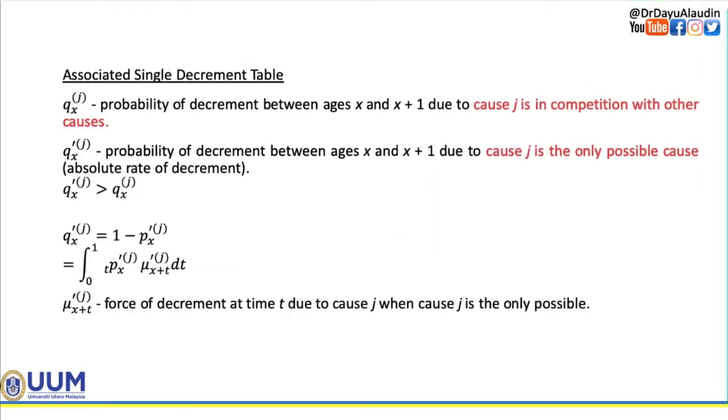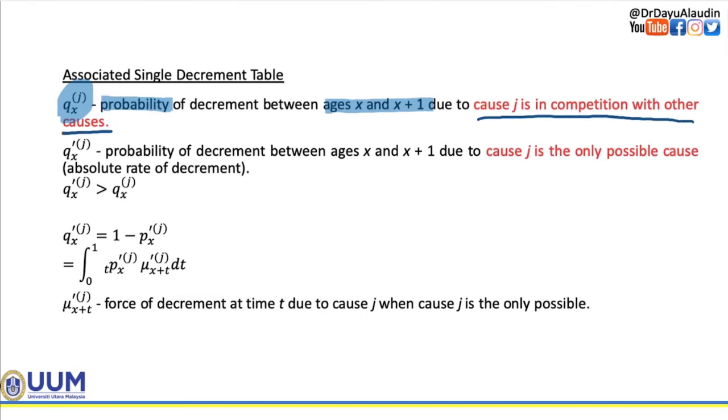Next section is associated single decrement table. In the previous section we learned about the multiple decrement table. So now we want to convert it in terms of single decrement table. The first notation is q_x^(j), which is the probability of decrement between each x and x plus 1 due to cause j in competition with other causes.